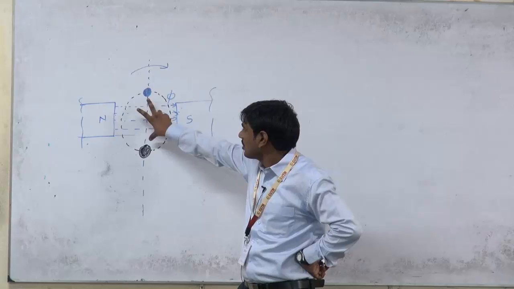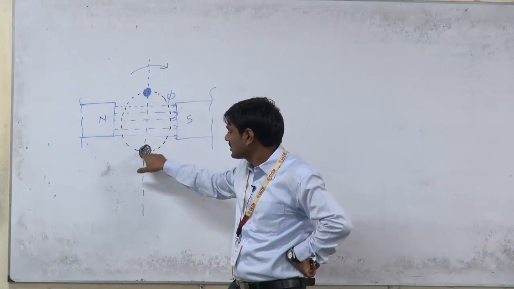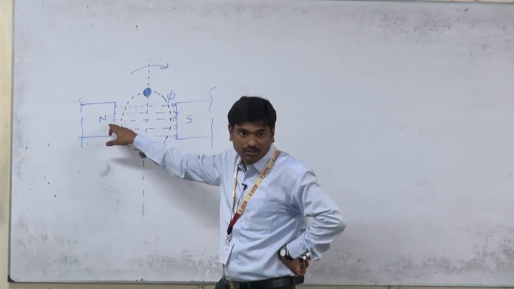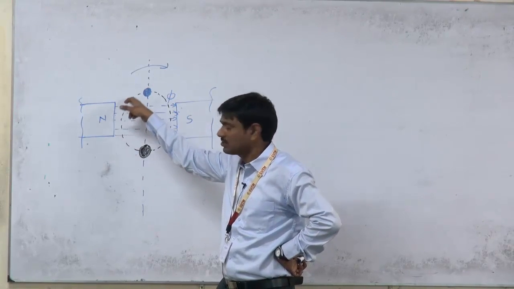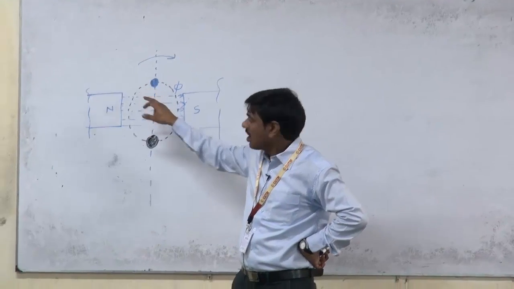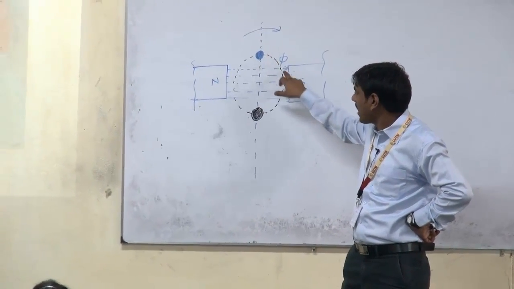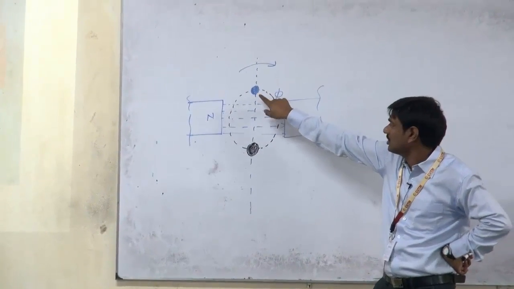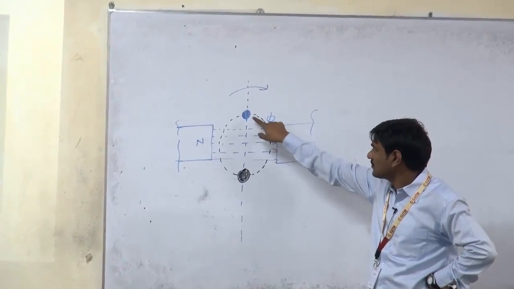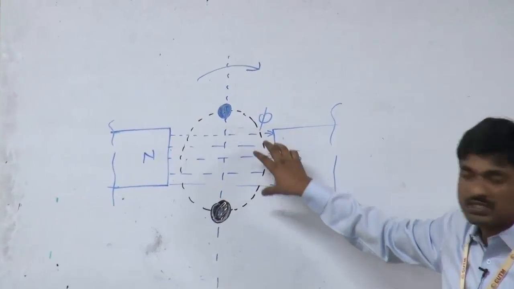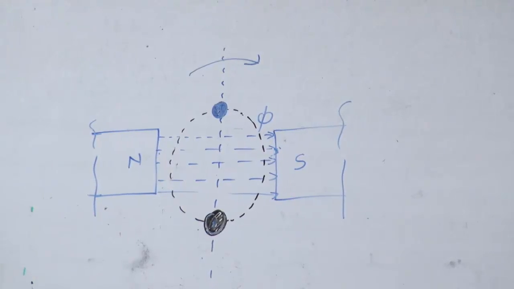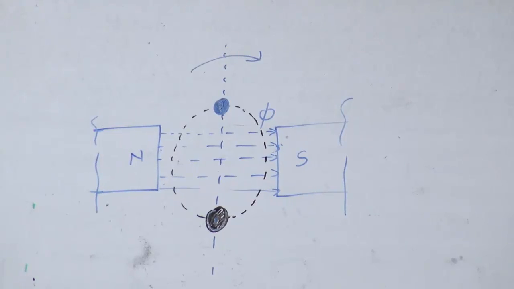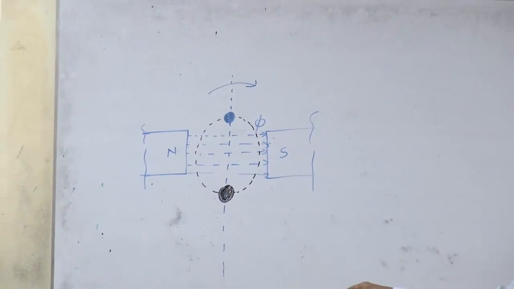Okay. As the coil moves, this conductor cuts the magnetic field under the influence of north pole from downwards to upwards. Okay. And the top conductor cuts the magnetic field which is in the influence of south pole. So this top conductor, when it rotates from upwards to downwards, is in the influence of south pole. So the direction of the motion is different for the top conductor and it is opposite to the bottom conductor.